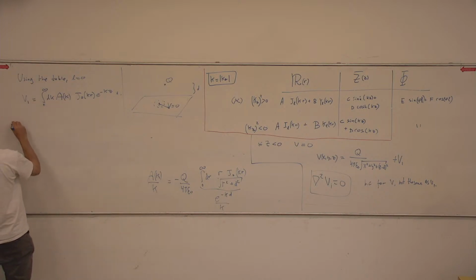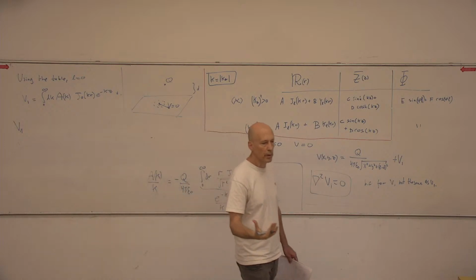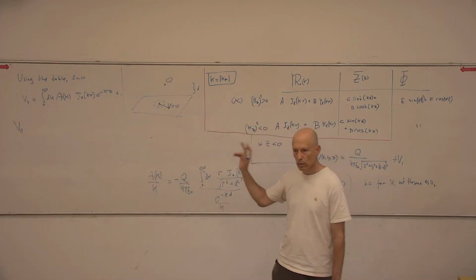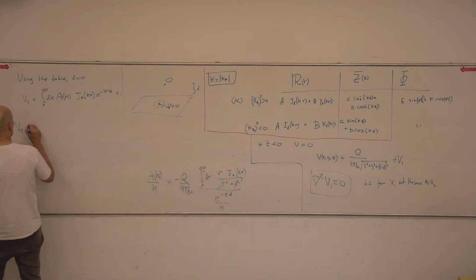So V1, again, this is the part of the potential, not including the Coulomb part, the simple part, which is due to the charge. So to get V, I just need to add something. This is equal to the following integral.